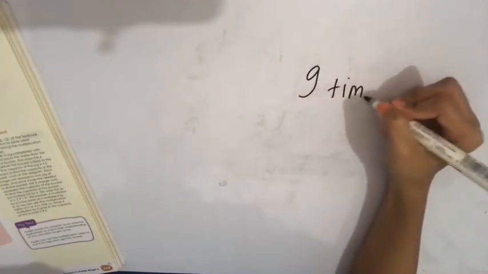Now we are going to learn how to do multiplication for the capacities. If you see your textbook page 121, on the Try This, there is a question. The capacity of a barrel is 9 times the capacity of a bottle.